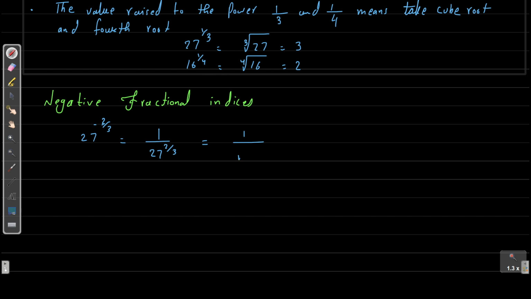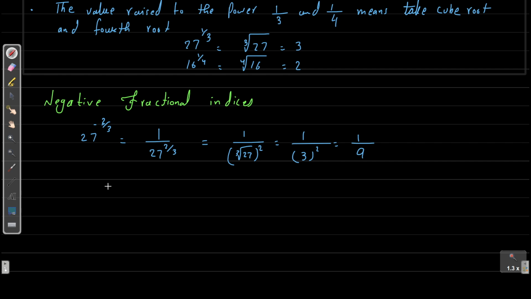So I'm going to take the square of the answer we get after taking the cube root of 27. The cube root of 27 is equal to 3, and 3 squared is 9, so the answer is 1 by 9.